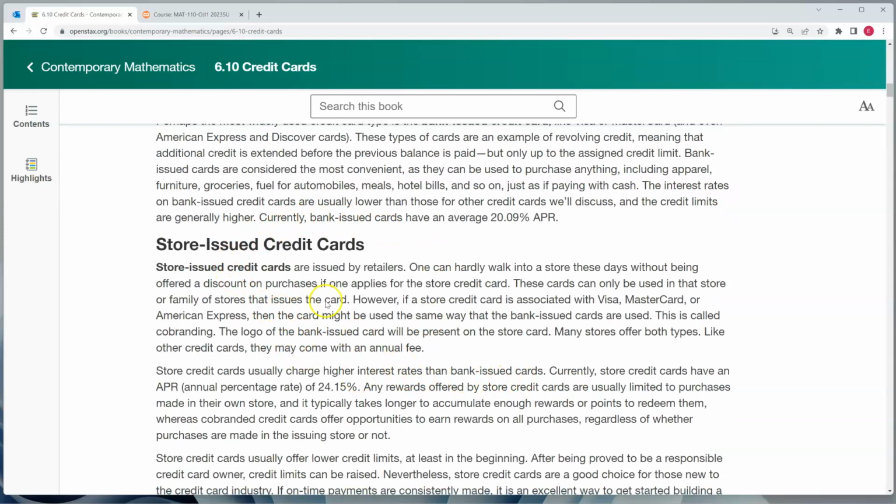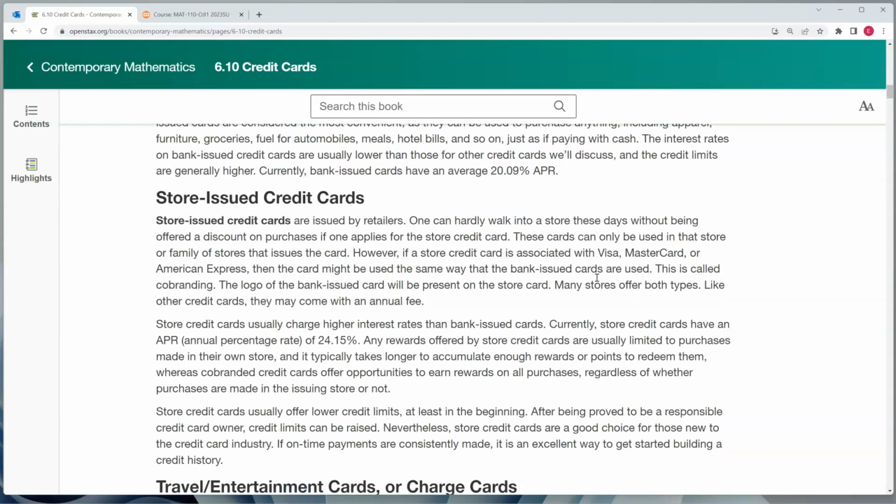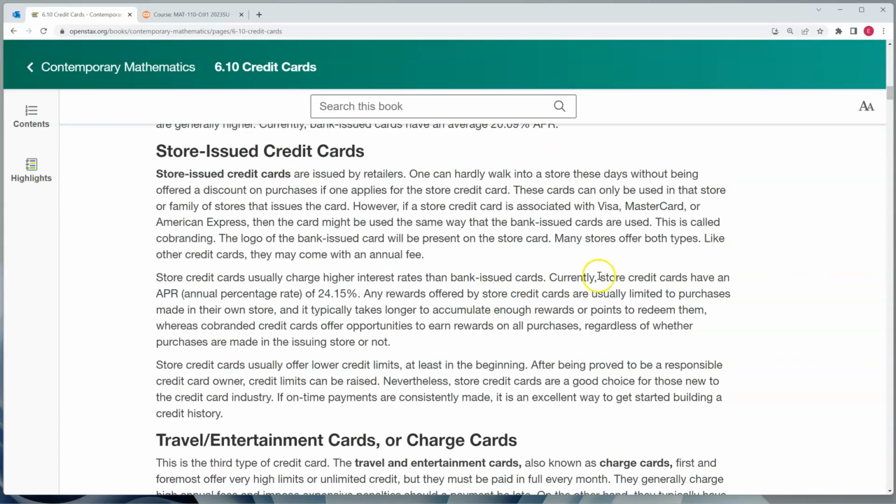So, again, store-issued credit cards usually can only be used at that store, unless it's backed by a bank, which often nowadays it is. So store credit cards have an APR of 24.15%.